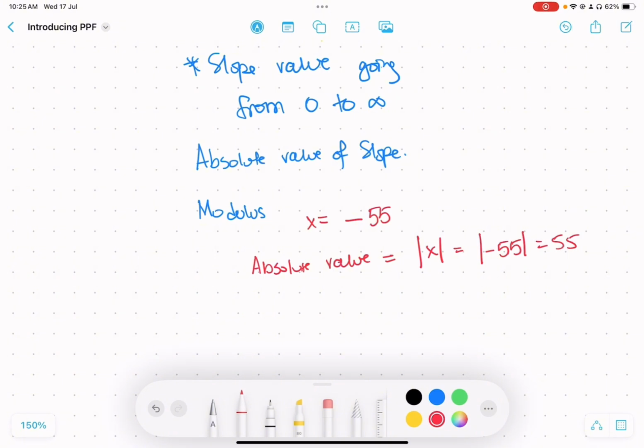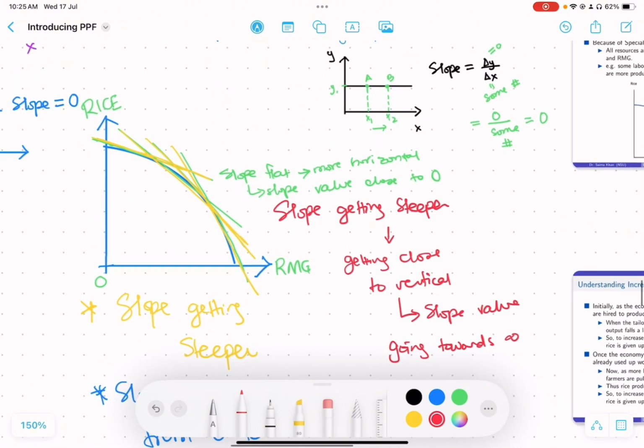Here the slope is always negatively sloped because it's a downward sloping curve. I mentioned earlier in the discussion that whenever you have a downward sloping curve, there's a negative relationship between RMG and rice, and we'll see that in a bit.